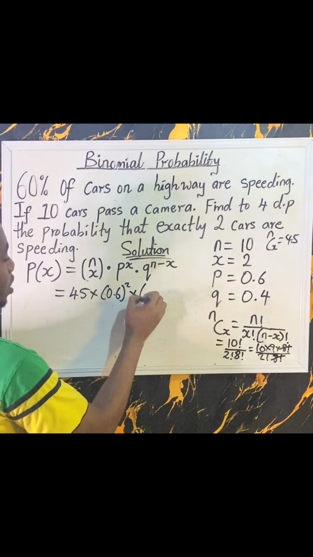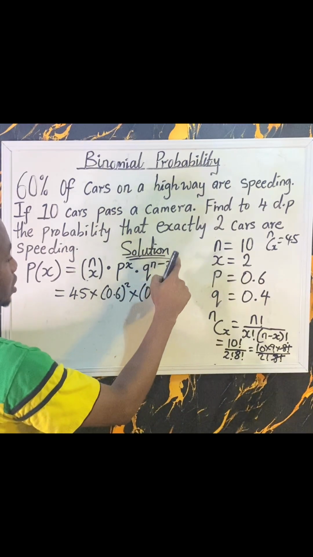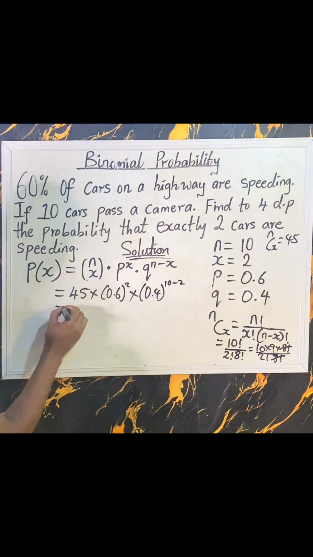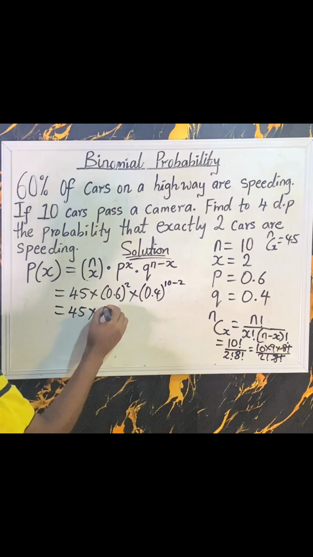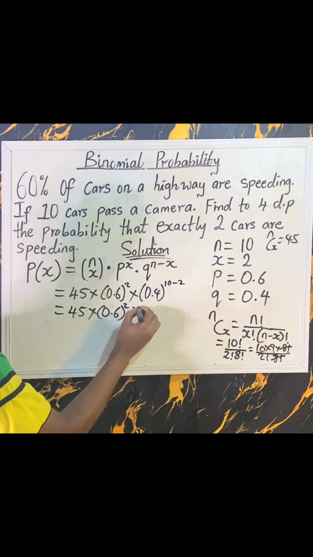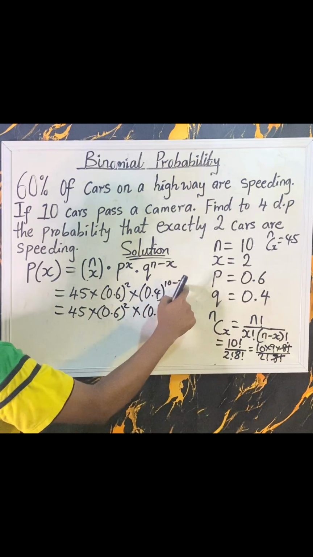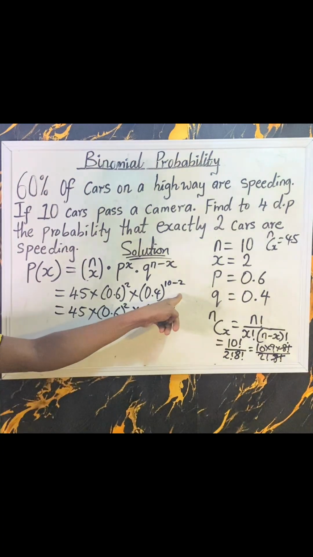So plug in. We have 0.4 raised to power 10 minus 2. Then we have 45 times 0.6 raised to power 2 times 0.4. 10 minus 2 is 8. So we're having 0.4 raised to power 8.